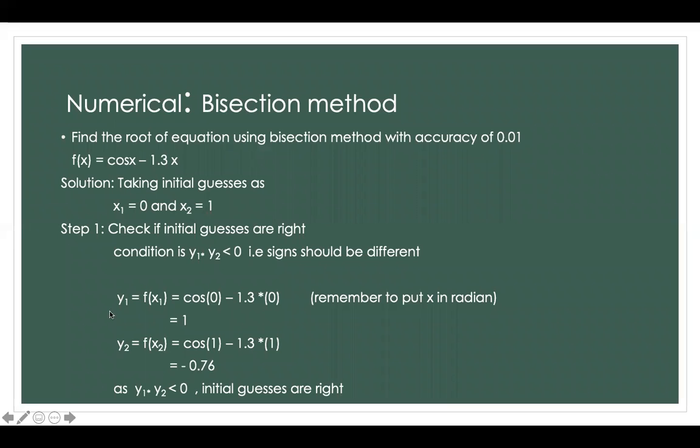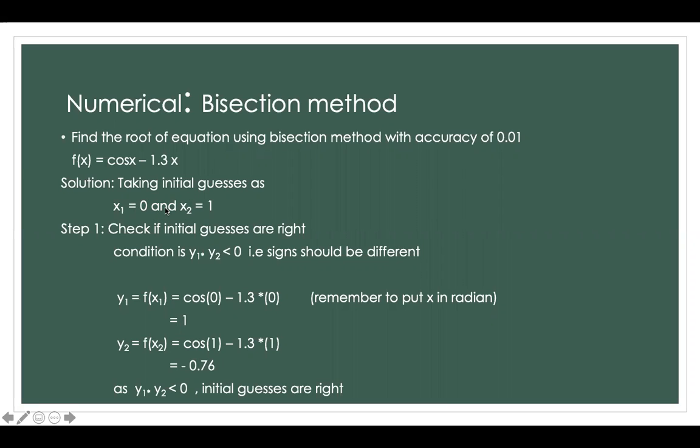If you solve for y1 and y2, let us say in that case you get both positive or both negative. If that is the condition, then our initial guesses are wrong, so we have to change our initial guess.